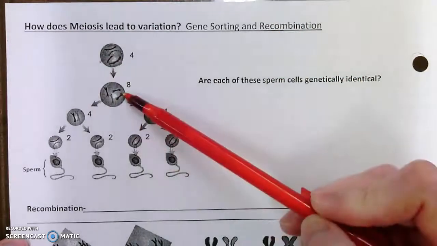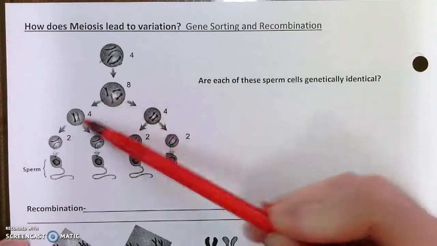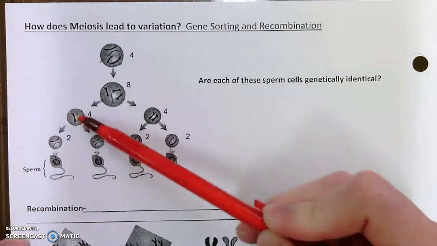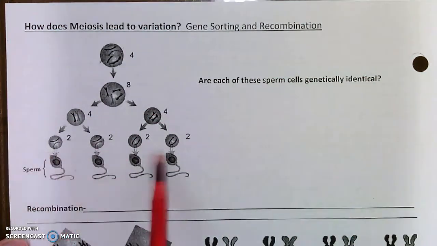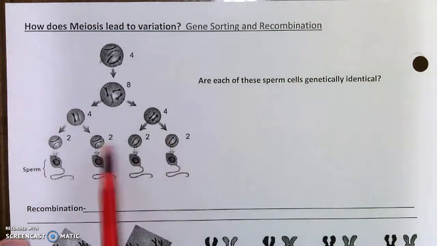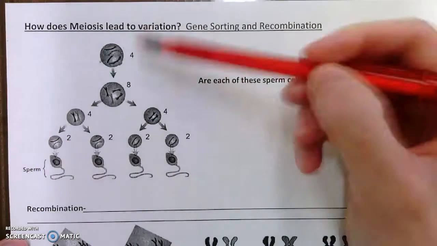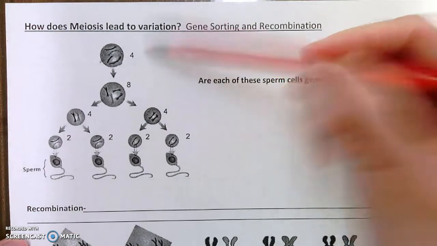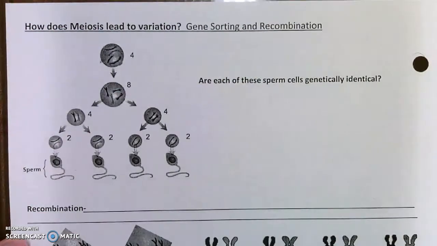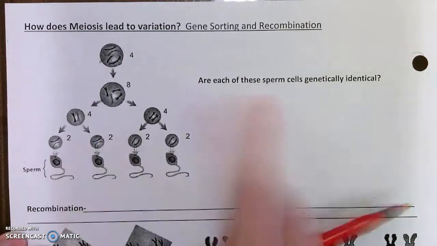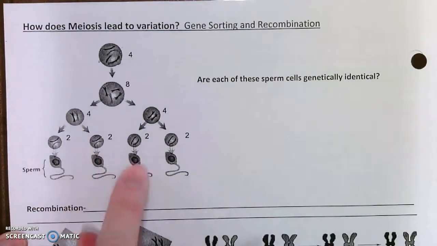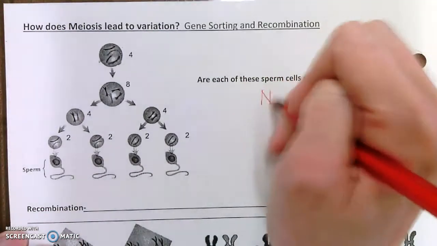That genetic material replicates, the cell divides, and then these cells divide again. You are left with sperm cells in this example with 2 chromosomes in each cell, which is half of the original genetic information. Are each of these sperm cells genetically identical? Now, this question is asking if these sperm cells are genetically identical, and the answer is no.